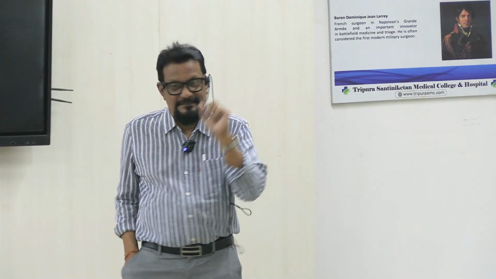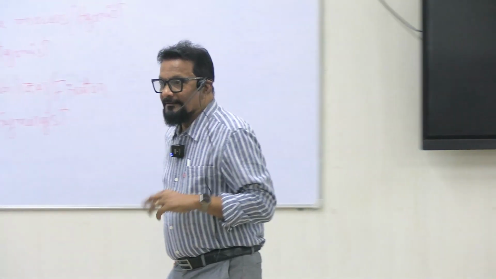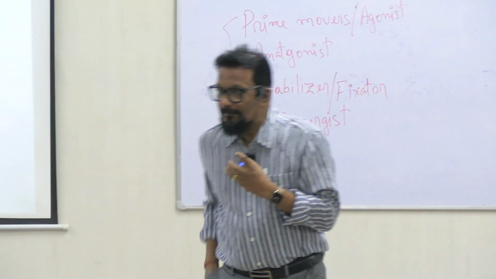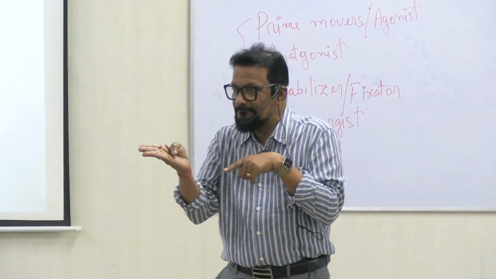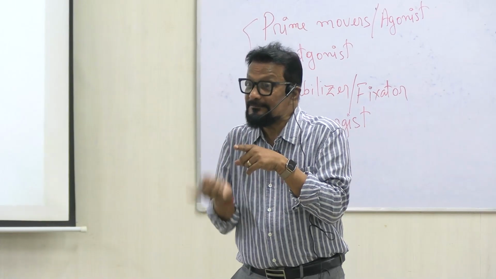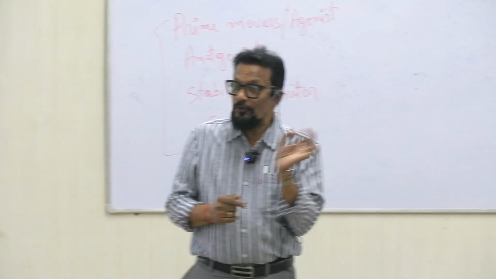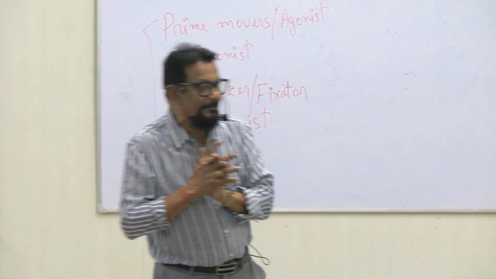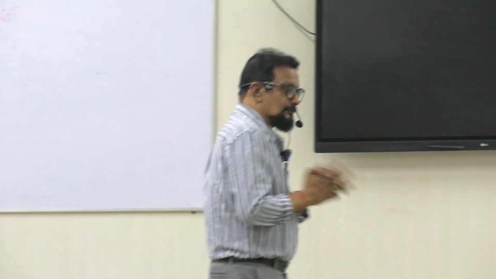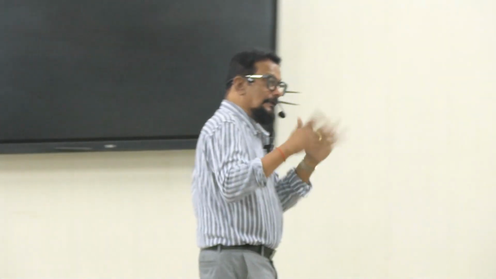Not only that, this bilirubin is water insoluble. Water insoluble means soluble in lipid, so it can pass through the cell membrane easily. This toxic substance can enter within the cell and damage it, so it has to be eliminated. How? First, the unconjugated bilirubin has to be conjugated.